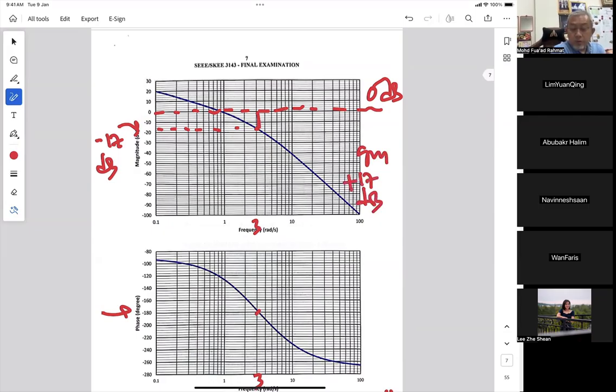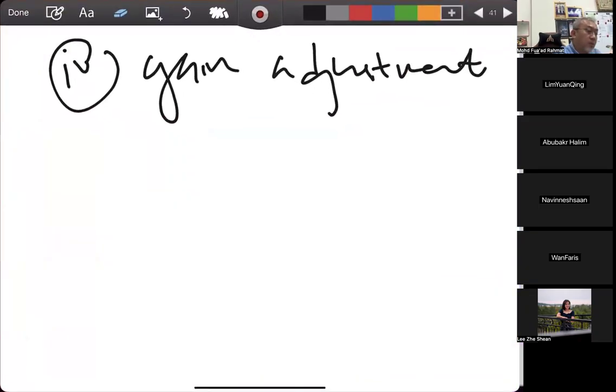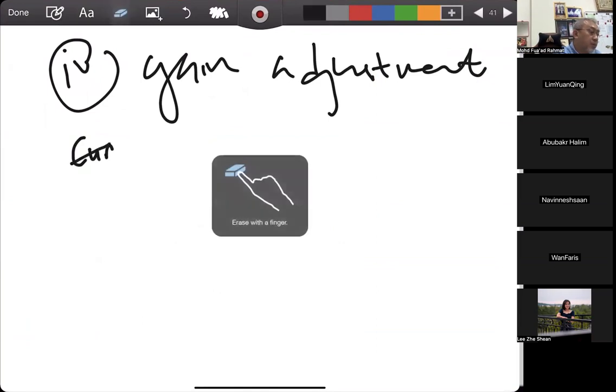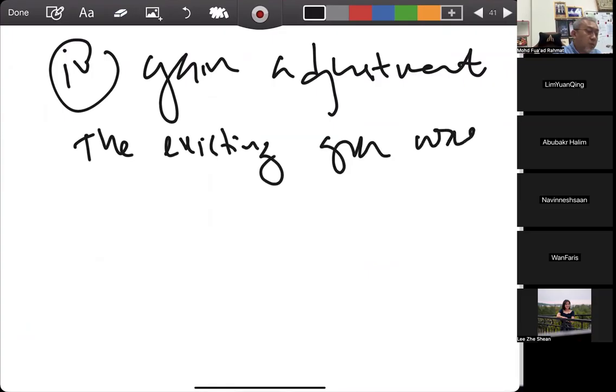So the question asks, the gain margin needs to be increased to 30 decibel. What do you mean by that? The existing gain margin, Abu Bakar, was plus 17 decibel, all right?